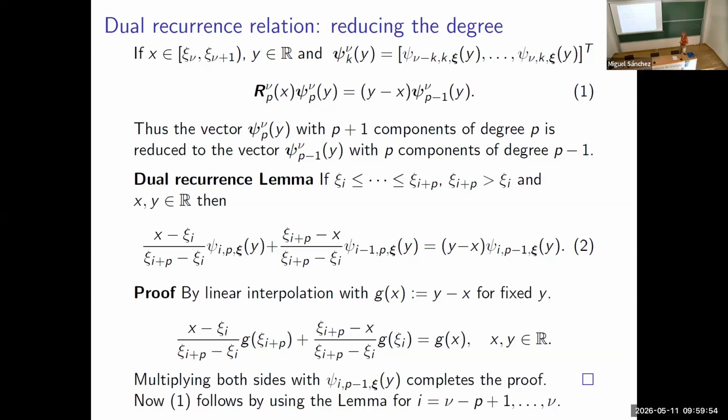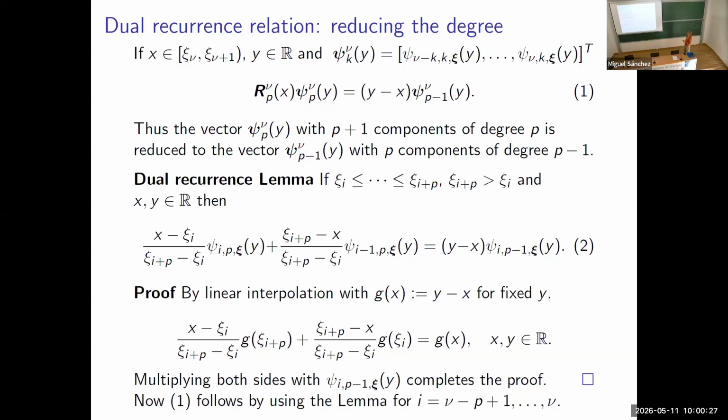And it's interesting, the dual polynomials have a recurrence relation. For B-splines, we increased the degree from p minus 1 to p. In the dual polynomials, we reduce the degree. We go from degree p to degree p minus 1. And here it is. Again, we'll consider an interval, c nu plus 1.